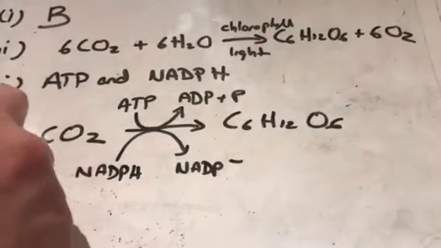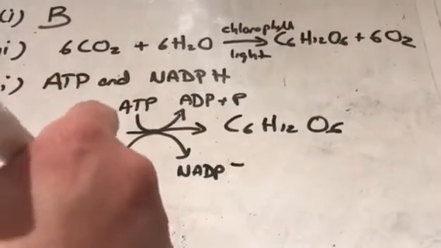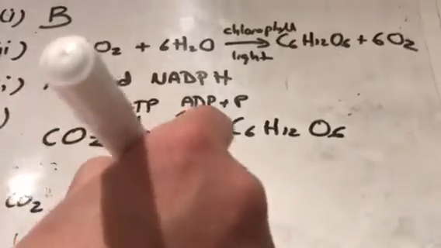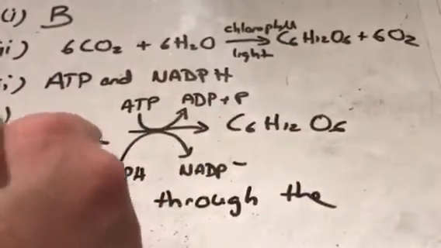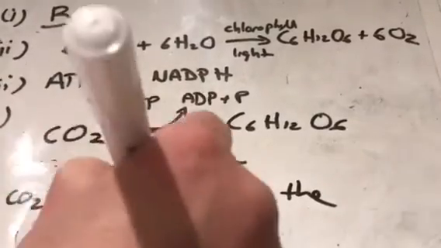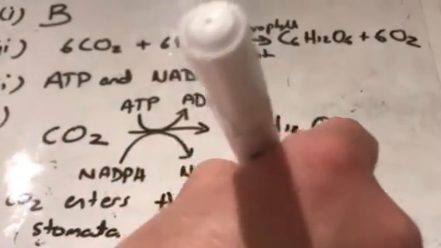I would also say your CO2 enters through the stomata on the underside of the leaf.